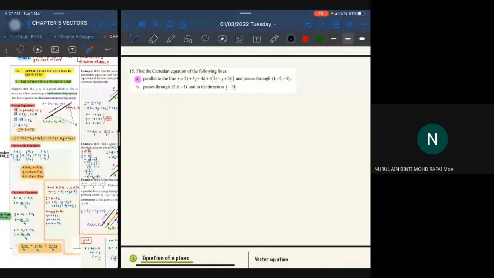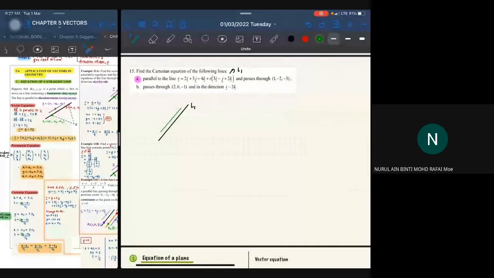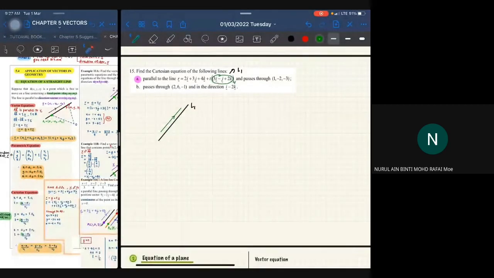So we have a line here. This is L1. Okay, so awak ada L1. And then dia punya direction vector, saya buat dia warna hijau. This is our v1. Boleh nampak ke?